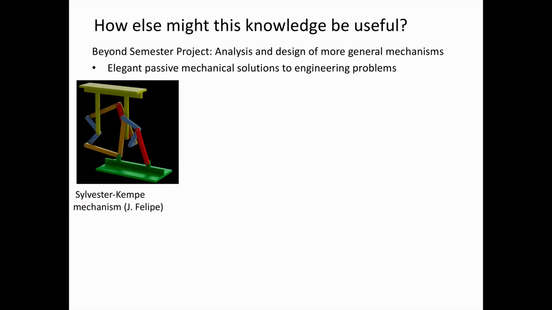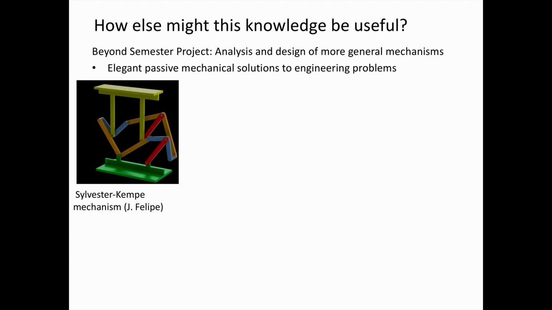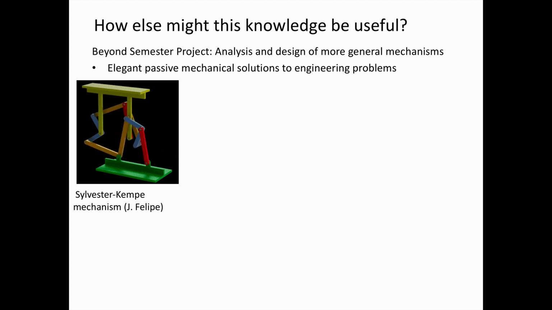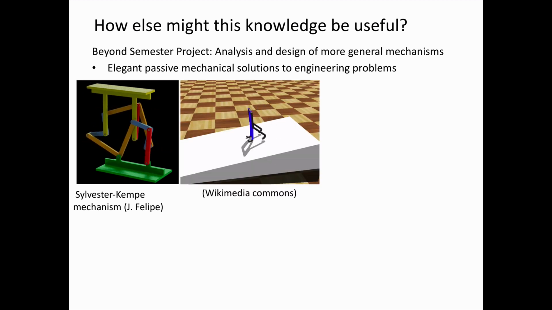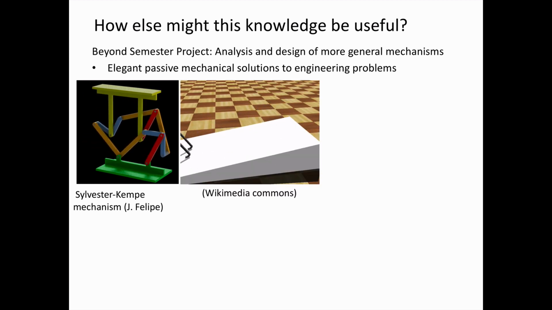So here's one interesting example, this Sylvester-Kemp mechanism that allows a nice linear translation of the top yellow piece using this rather complicated mechanism.